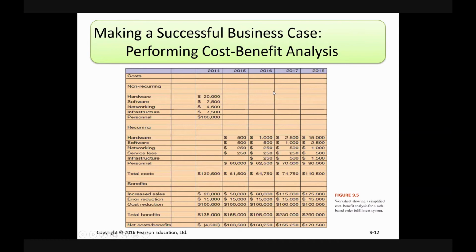When you're presenting your case to the top management, the very first thing you need to present is the cost benefit analysis. If your executives are not happy with the cost benefit analysis, they won't take the decision to buy or purchase a new information system. Am I right? Yes, okay.